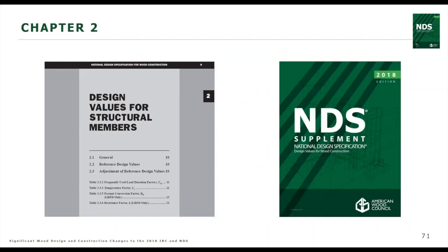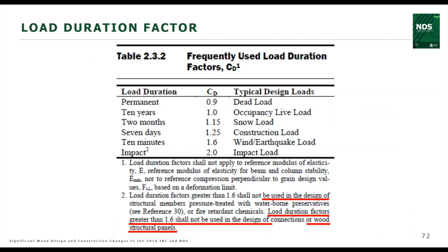In Chapter 2, we had a change in Table 2.3.2. This was a revision in footnote 2. So this relates to our load duration factors, which is the C sub D factor that's used in allowable stress design. So this is clarifying that the impact load duration factor of 2.0 does not apply to wood structural panel, and this reflects the current wood structural panel industry recommendations.